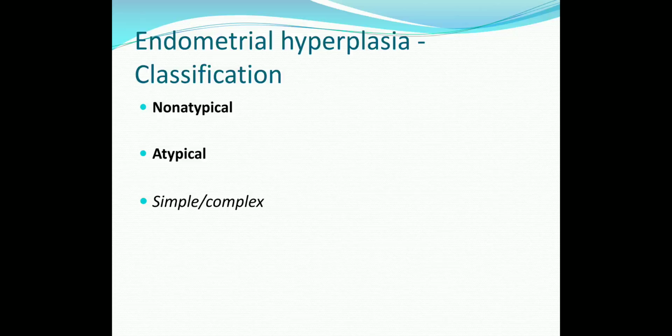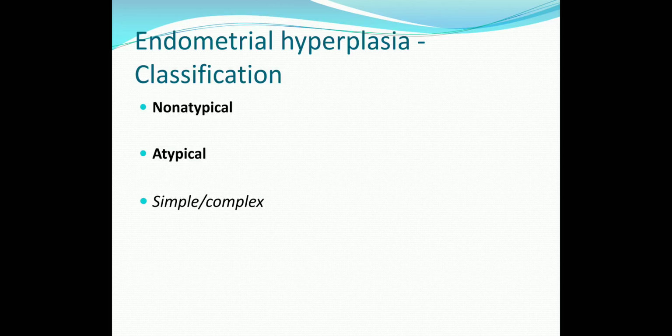So how do you classify endometrial hyperplasia? There are two types: non-atypical and atypical hyperplasia. Non-atypical, from the term itself, means there will not be any atypia or dysplasia.